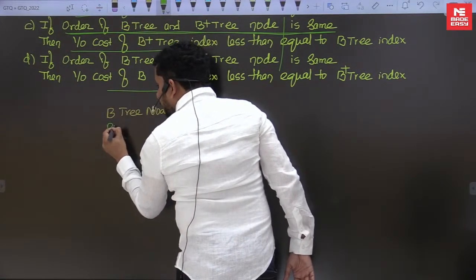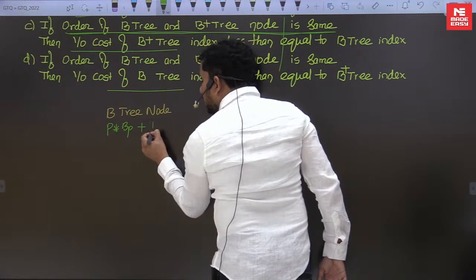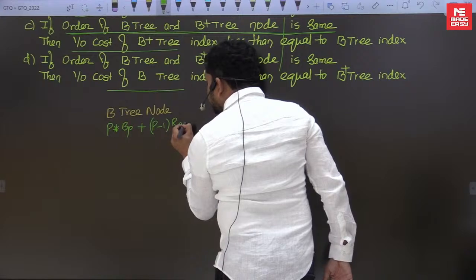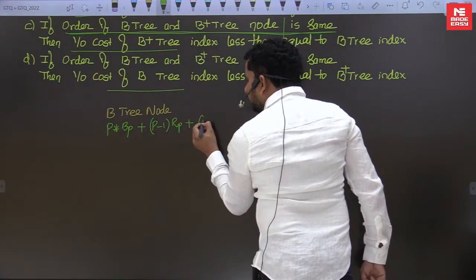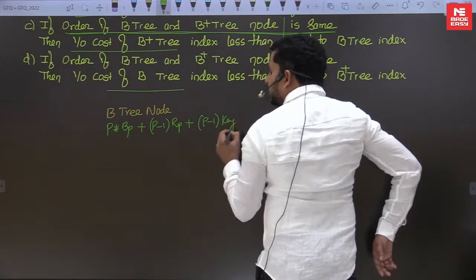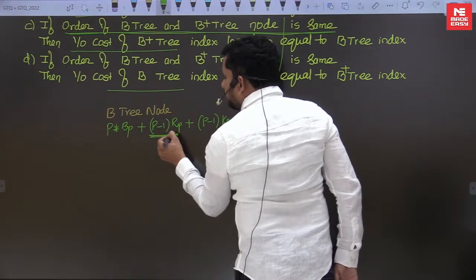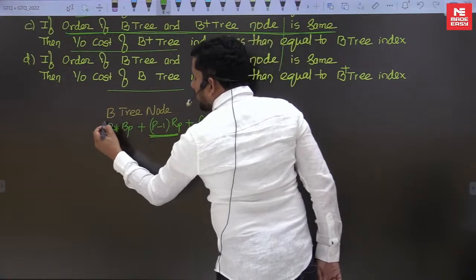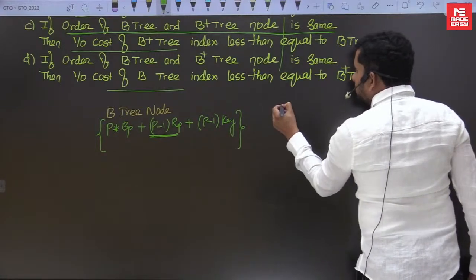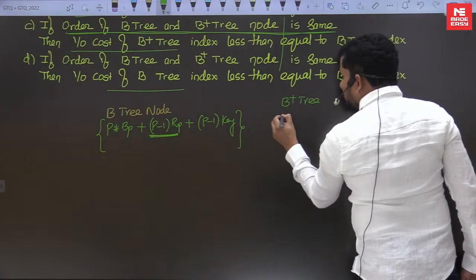Block pointers are required, and record pointers are also required, which is P minus 1 record pointers, as well as P minus 1 keys, for both internal nodes and leaf nodes. Because of more record pointers in the internal node, the order P value is reduced.